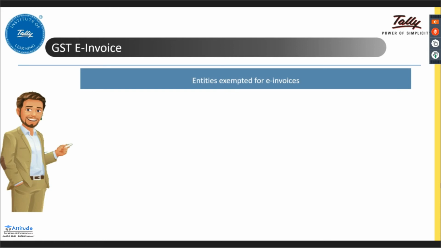Next, what type of entities are exempted from e-invoices? The government has laid down some conditions saying that a few entities are exempted from issuing e-invoices. What type of entities?